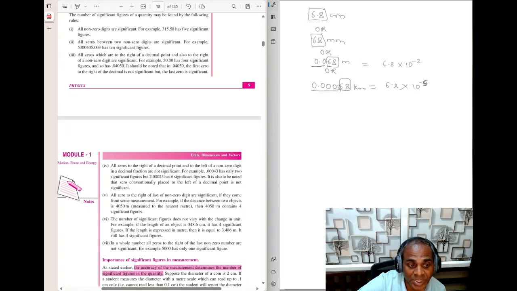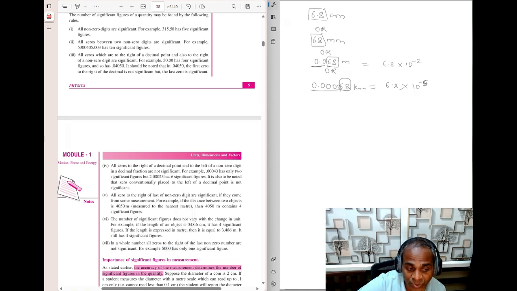We need to understand this differently from this. If you see 4050, this is a measurement, that is 4050 meters. Whereas a whole number means this is a count, let us say 5000 pens. So in this case, it has only one significant figure.